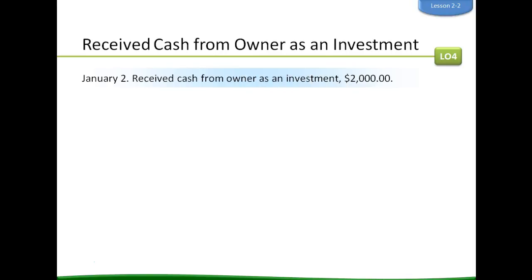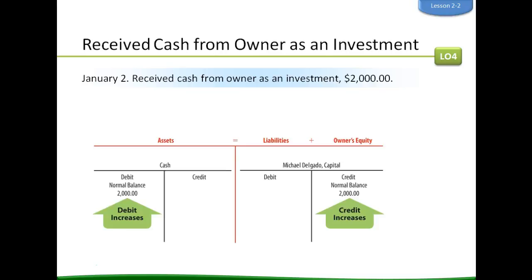Okay, so on January 2, we received cash from the owner as an investment into the business. So as we're thinking about what accounts are going to be affected by this transaction, we could easily recognize cash as one of the accounts. The other one, we're getting money in from the owner, that's our clue.